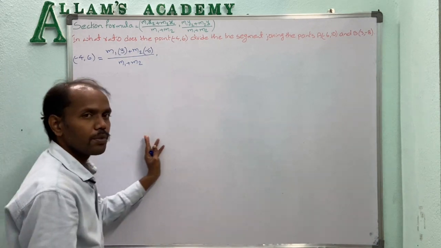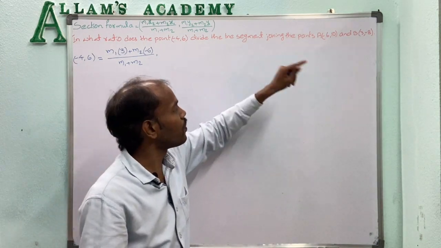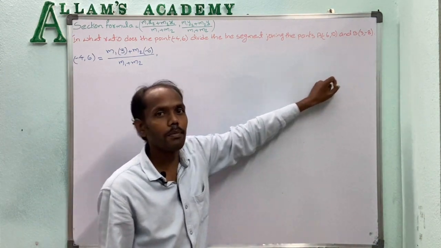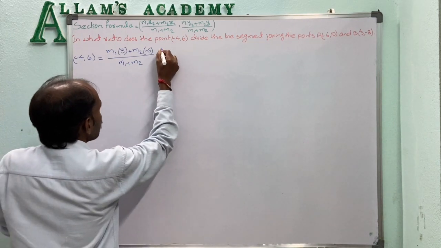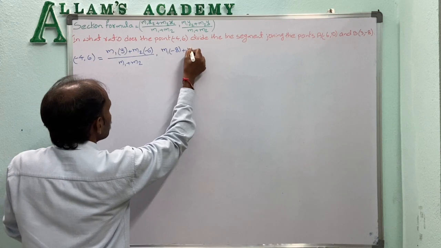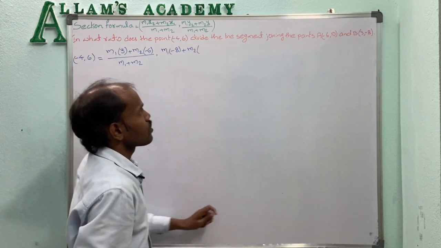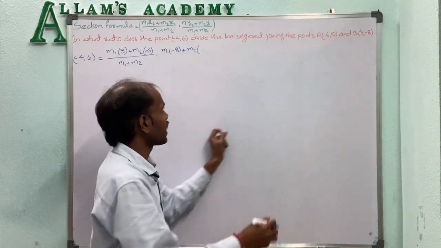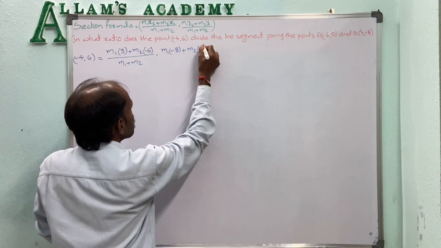Next, m1 into y2, so y2 is minus 8. So m1 into minus 8 plus m2 into y1. So here y1 is 10, by m1 plus m2.